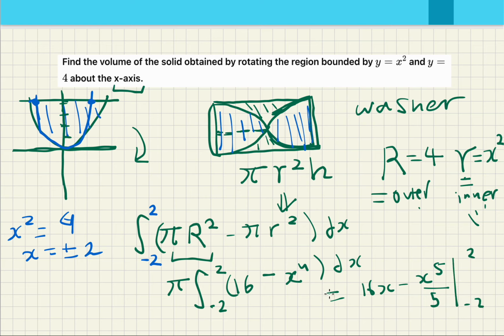And don't forget the pi, so we're multiplying everything by pi. And now all we need to do is plug everything in. When you plug in 2, 16 times 2 is 32, minus 2 to the power of 5, which is 32, over 5.